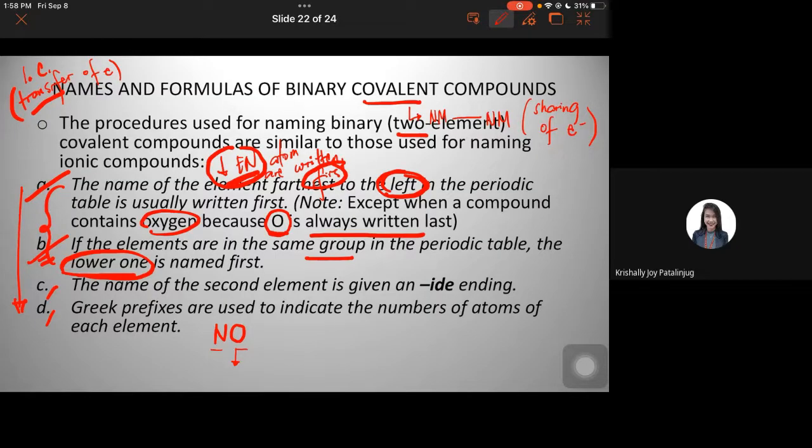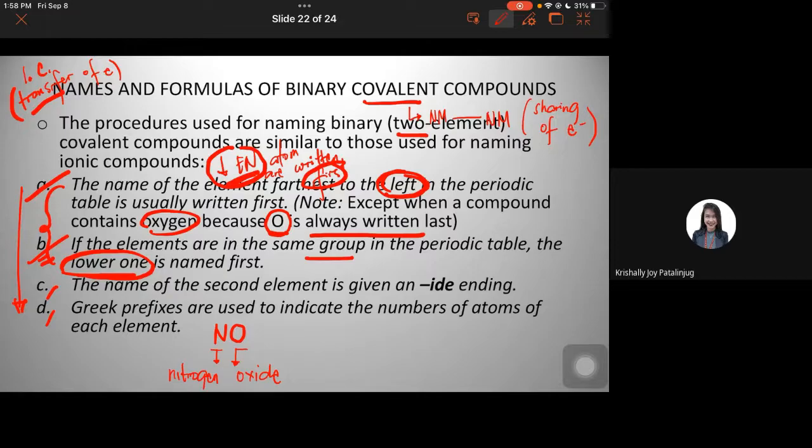Instead of oxygen, this is now oxide because it's the second element. The first element you just name based on its name in the periodic table. N is nitrogen, right?